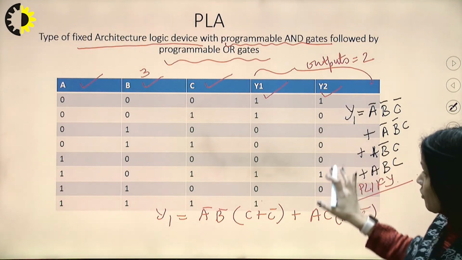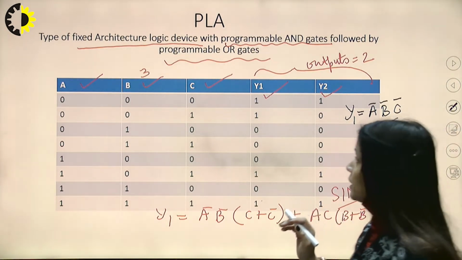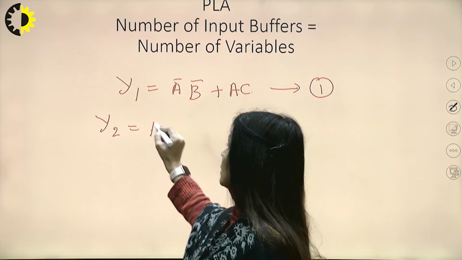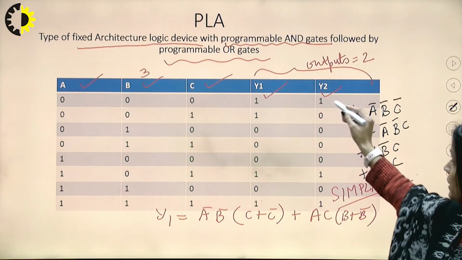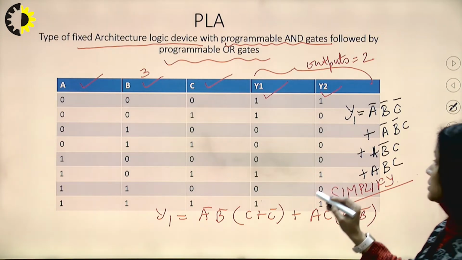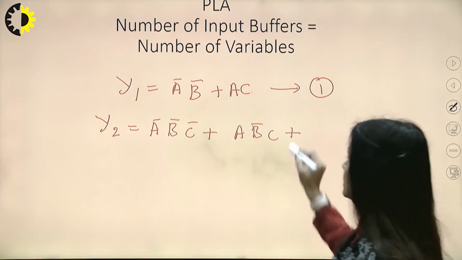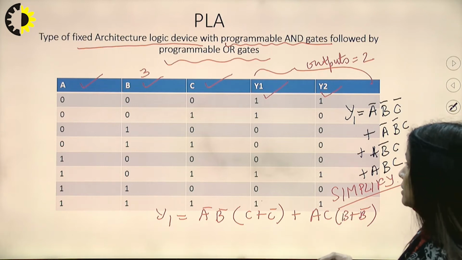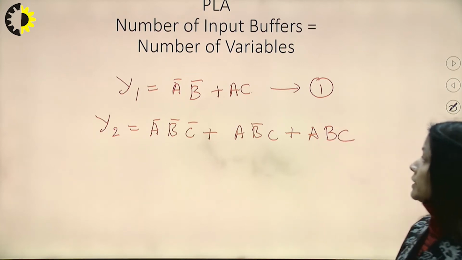Similarly, we will solve for Y2. Okay, so let us solve for Y2. Y2 will be A bar, B bar, C bar plus A, B bar, C, plus, it is 1 in the last, so A, B, C, right?